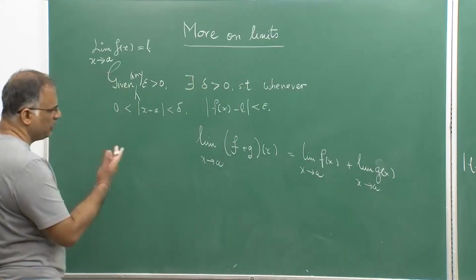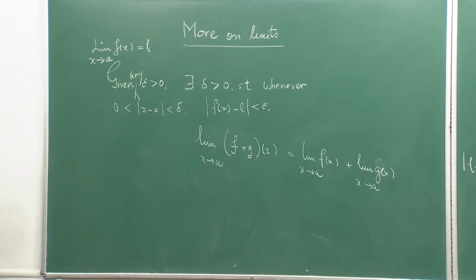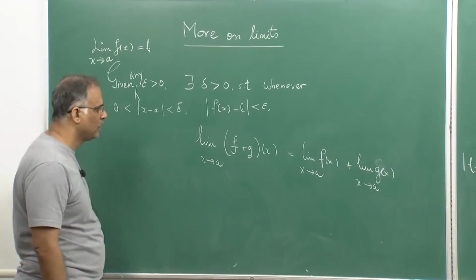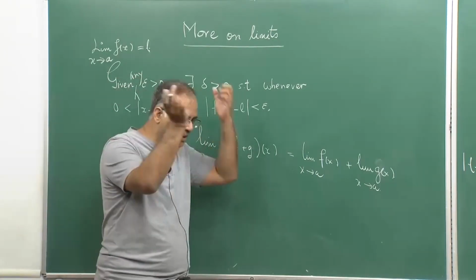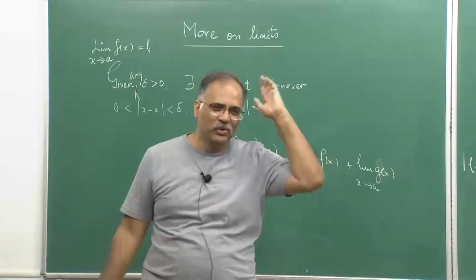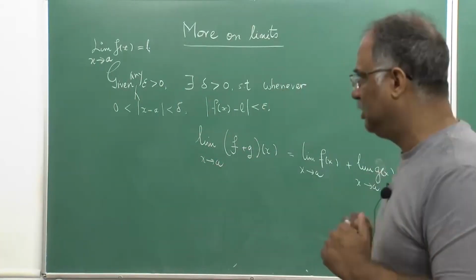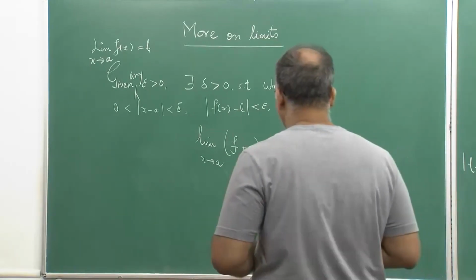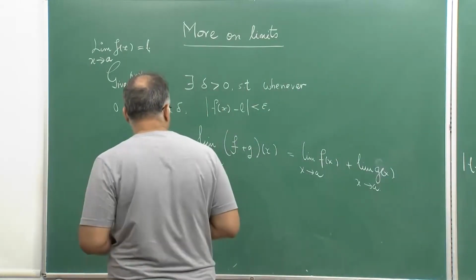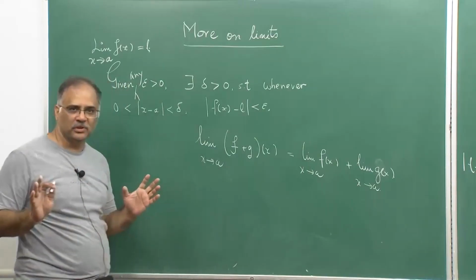So, what do you mean by this? What is happening? First of all, I say, limit of the sum is sum of the limits. We know this from our higher secondary days, we have been doing all these things. But for a mathematician, such an answer is not acceptable.